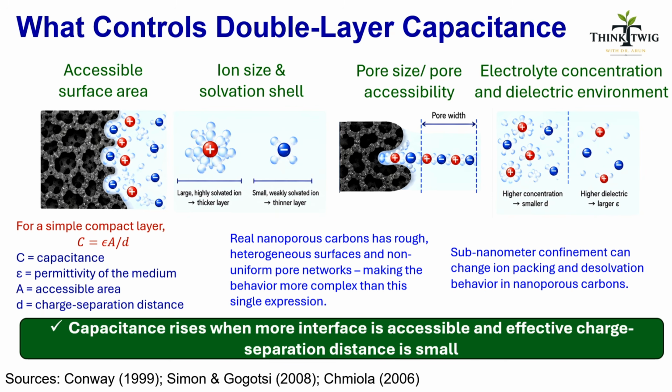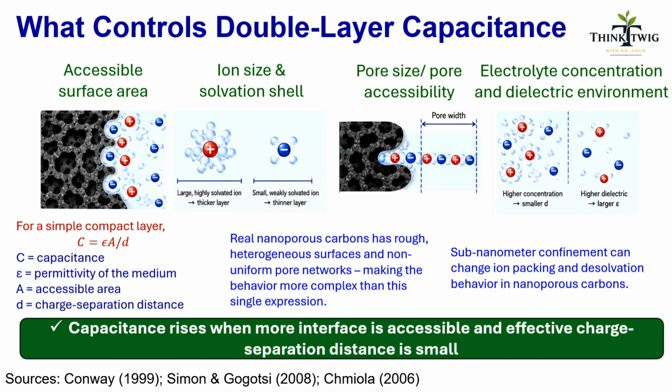So, what actually controls double layer capacitance? The first important factor is accessible surface area. A carbon material may have a very large total surface area, but only the surface that ions can actually reach can form an effective double layer. So the total area and usable area are not always the same.